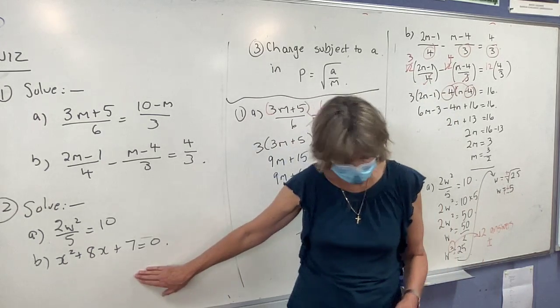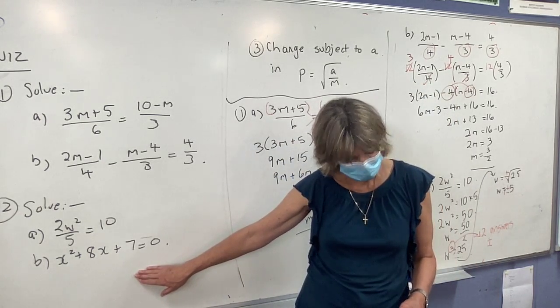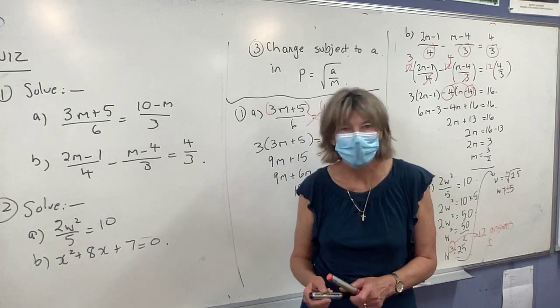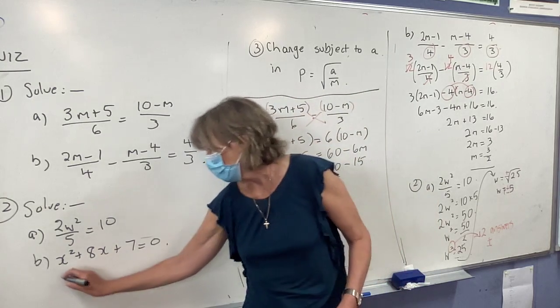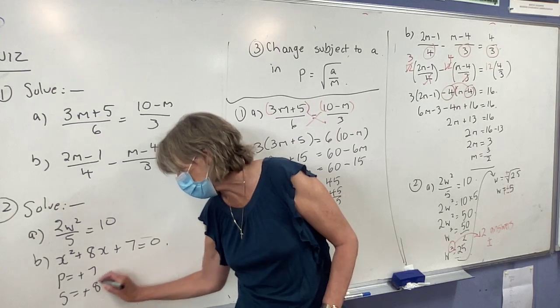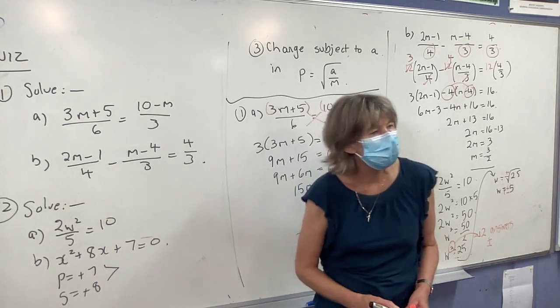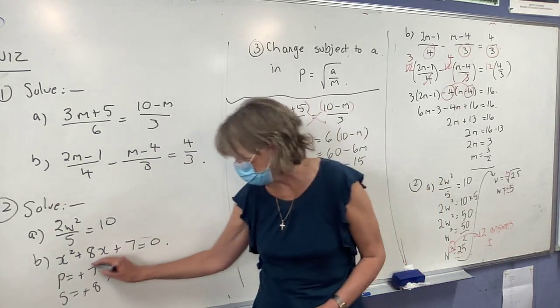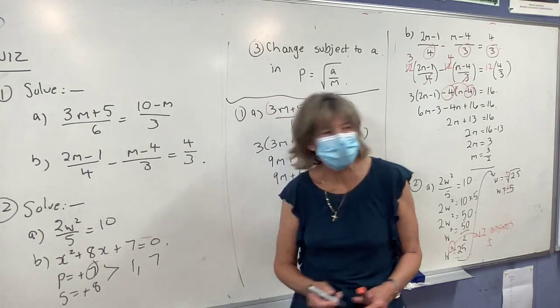All right, we're down here. Nate, tell me what to do after 2b. You do product and sum. So product is 7, sum is 8. Keep the signs for me. The factors are 1 and 7, that's an easy one. Keep going.